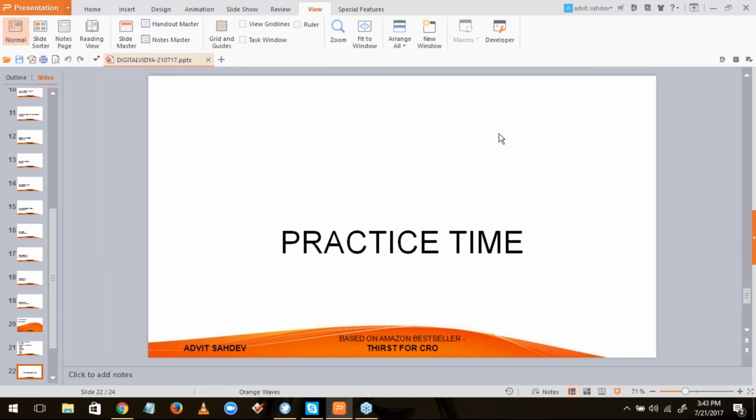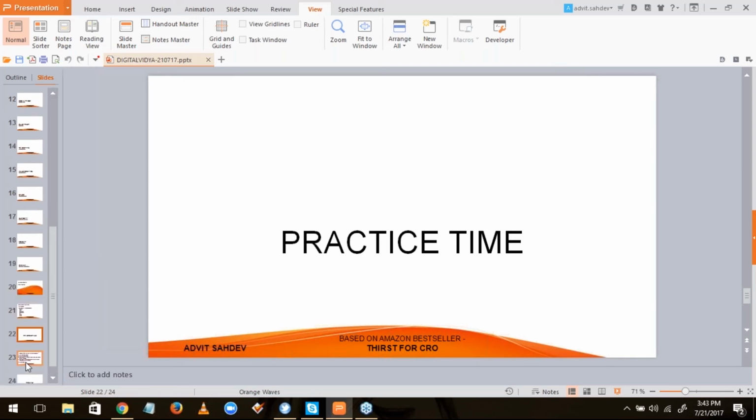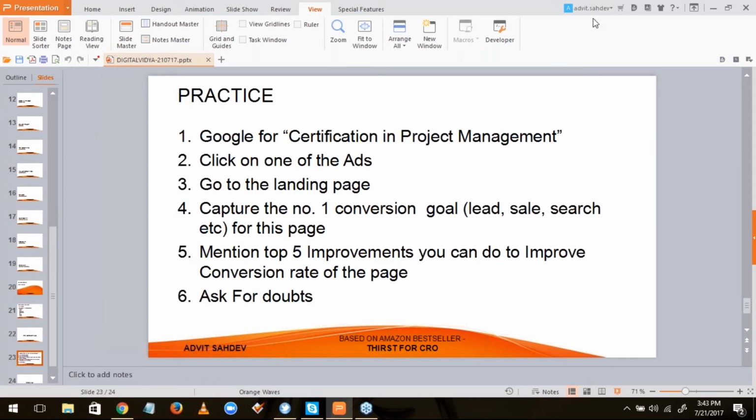We will obviously discuss the questions, but here's a quick practice which I want all of you to have, and it won't take much time because it's a very simple practice. I want all of you to just quickly perform these steps, right? Go to Google and search for certification in project management.